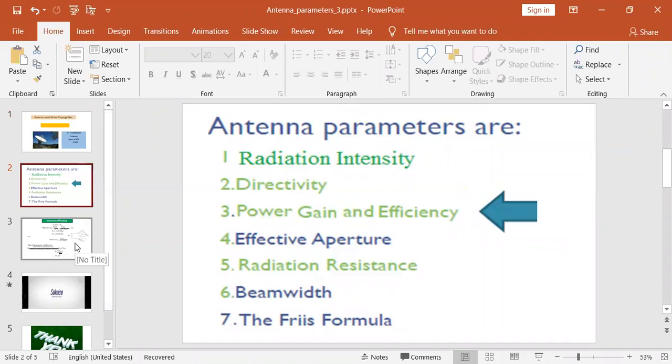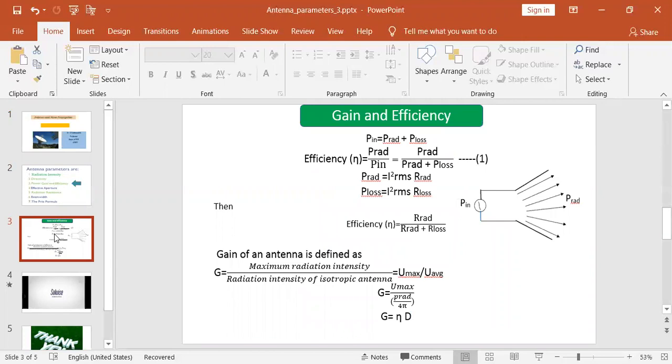First of all, what is gain? Gain of an antenna can be described as how well the antenna converts input power into radio waves in a specific direction. So gain is used for increasing the effective output power by focusing the radiated signals.